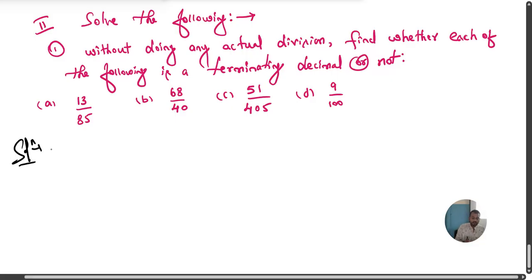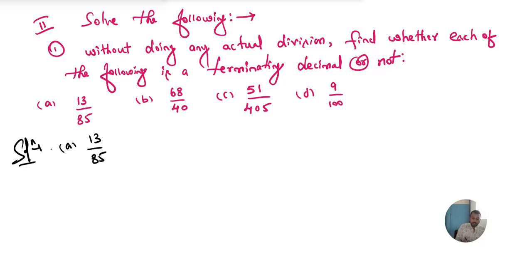Observe here. Solution. Option A, 13 by 85. Now what is the denominator value? 85. Now for this 85 I am going to take the LCM. That is, 5 ones are 5, remainder 3, 5 sevens are 35. Am I right?